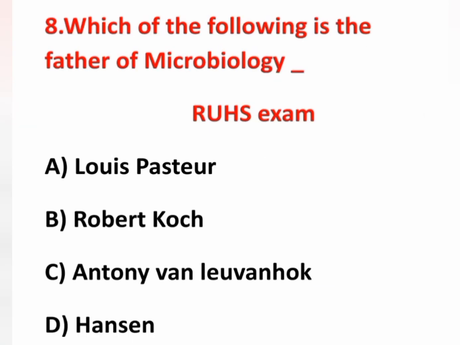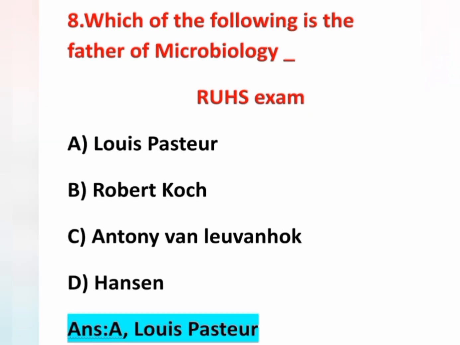Then the eighth question: which of the following is the father of microbiology? Options are option A Louis Pasteur, option B Robert Koch, option C Anthony van Leeuwenhoek, option D Hansen. As we all know, the father of microbiology is Louis Pasteur. Option A is correct.